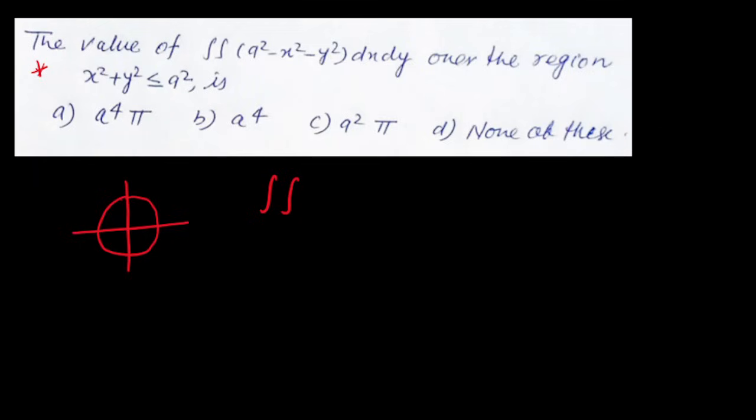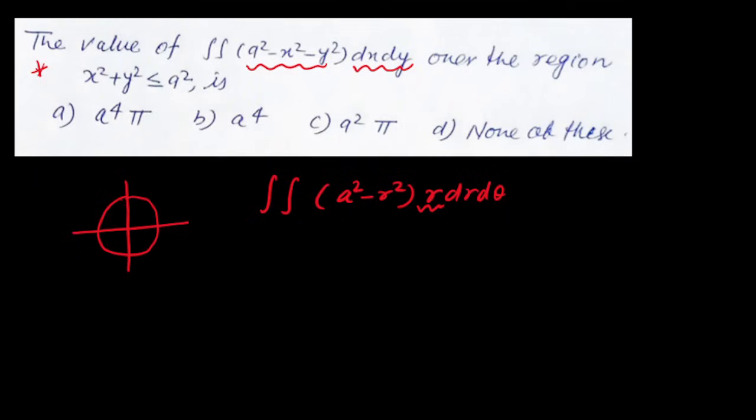If I change it to the polar coordinate system, we will have this expression a square minus x square plus y square become a square minus r square, and we have dx dy. So dx dy should be replaced by r dr d theta. I hope by now you are clear that there is a rule by which we multiply by the Jacobian.